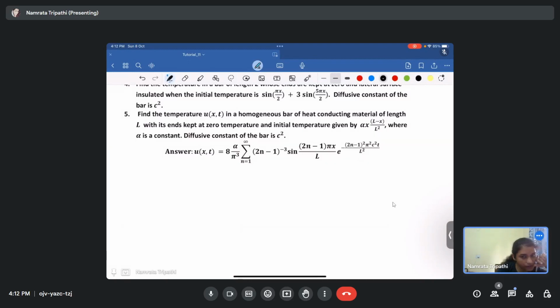Find the temperature u(x,t) in a homogeneous bar of heat conducting material of length L. This length is given, x is from 0 to L, with ends kept at 0 temperature. And the initial condition is given, alpha x (L minus x) upon L square. So you have to formulate, the diffusivity constant of the bar is c square.